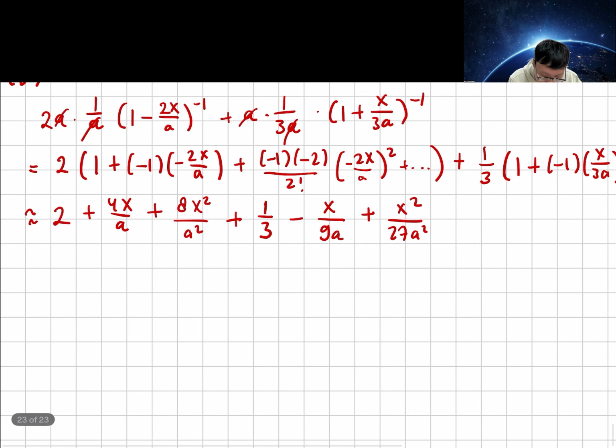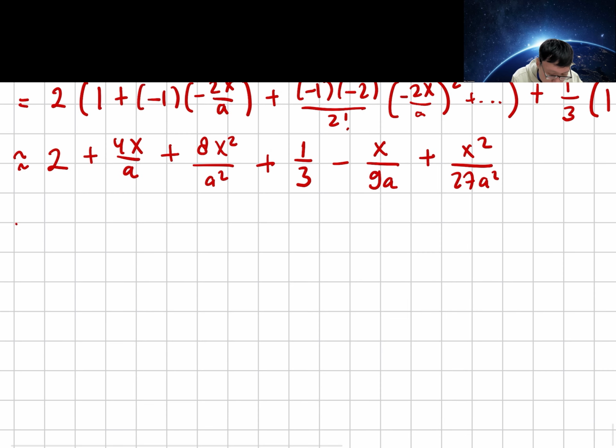Now, we can add 2 plus 1 over 3, you get 7 over 3. And then we have 4x over a plus minus 1 over 9 x over a. So 4 minus 1 over 9, and that gives you plus 35 over 9 x over a.